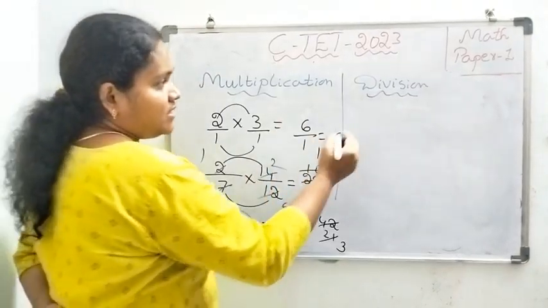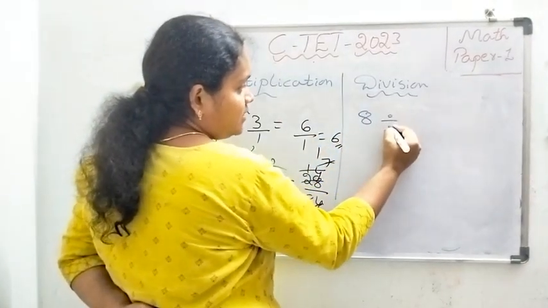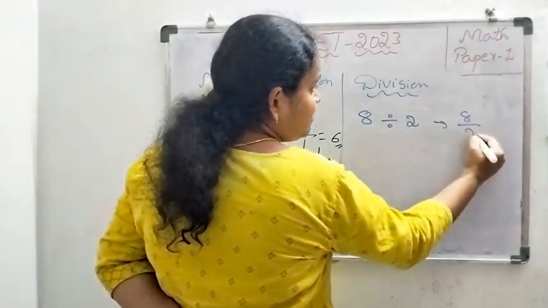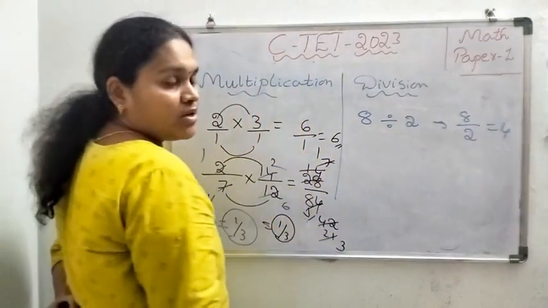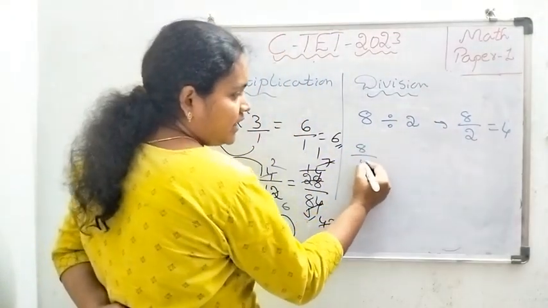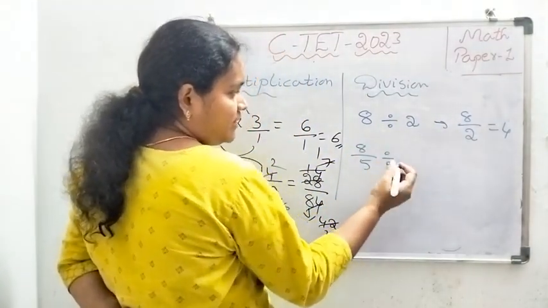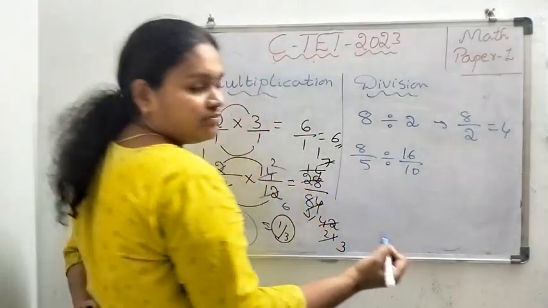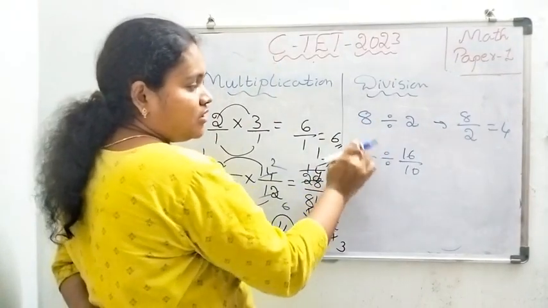Now divisions. Generally division, 8 divided by 2, we can write as 8 by 2, which is 4. Now there is 8 by 5 divided by 16 by 10. Here the denominators are there.